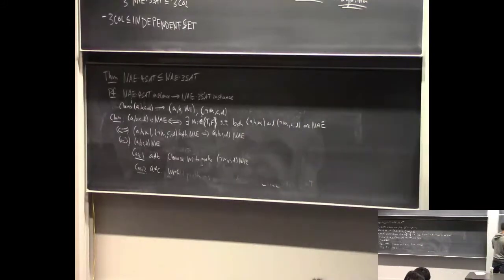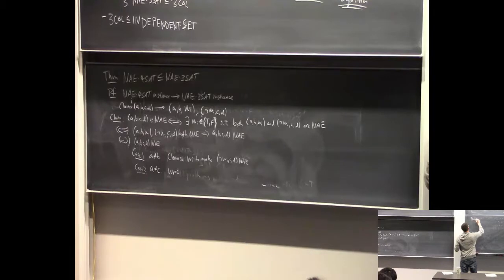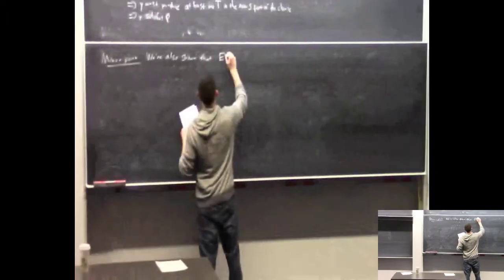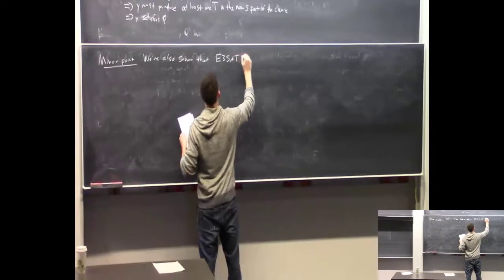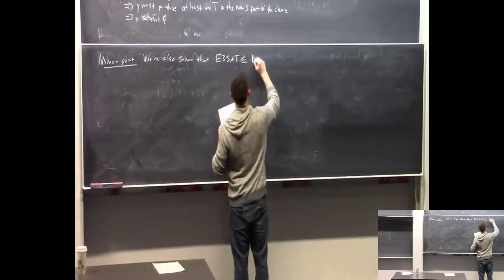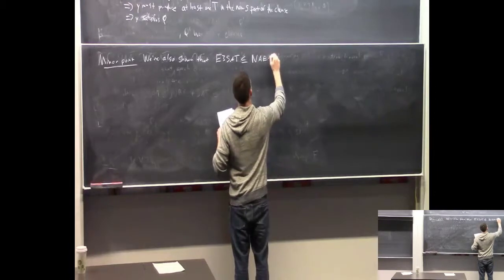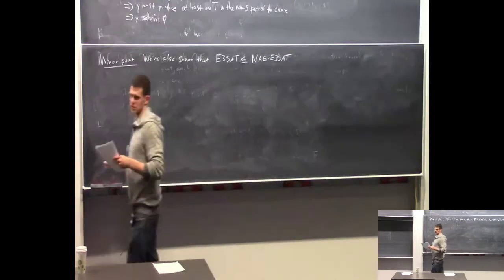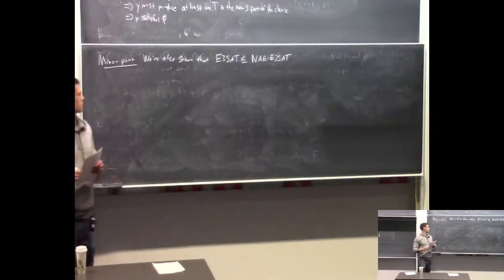How is that going to play in here? The minor point we need to make is that we've also shown that E3-SAT reduces to NAE E3-SAT, where this is NAE-SAT with exactly 3 distinct literals with distinct variables per clause.